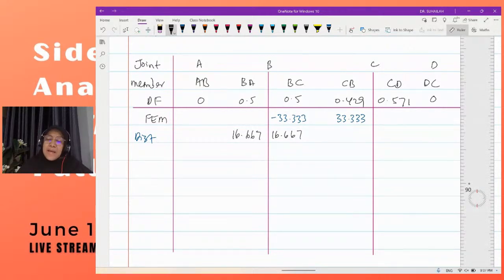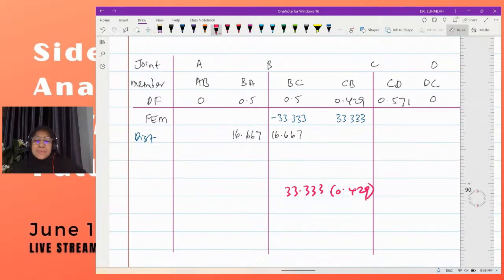Next, the joint moment is negative 33.333, and we multiply by the factor 0.429.